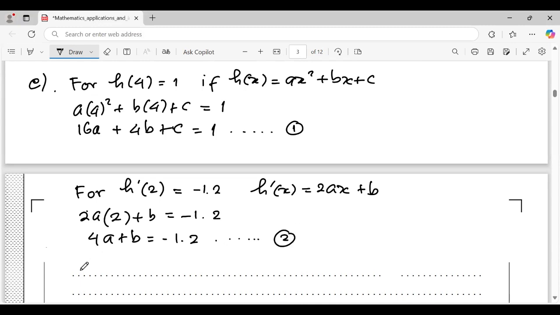Next, for h'(3) equals 0, according to the information.